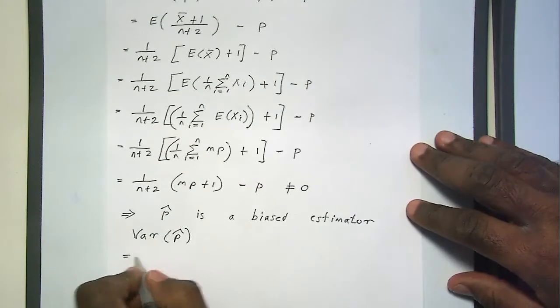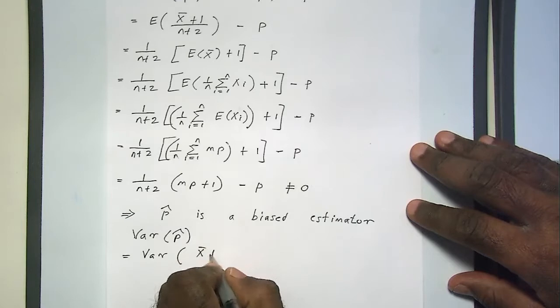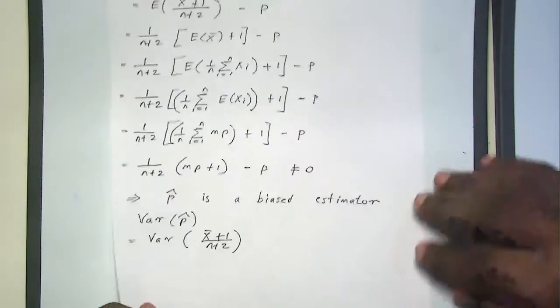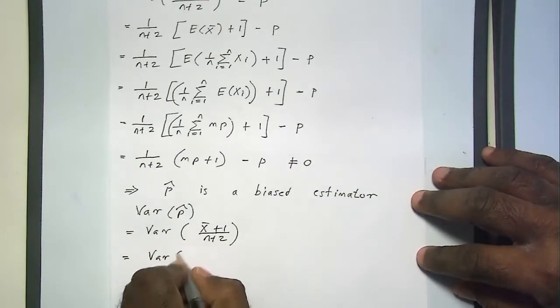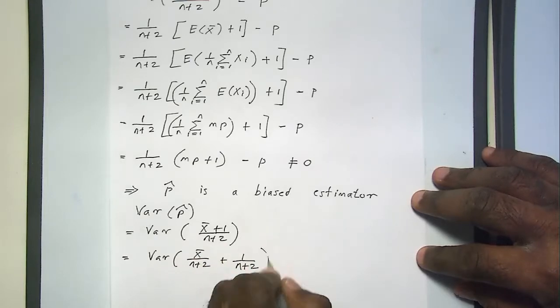So this is the variance of this, and you can write this as the variance of x bar divided by n plus 2 plus 1 over n plus 2, right?